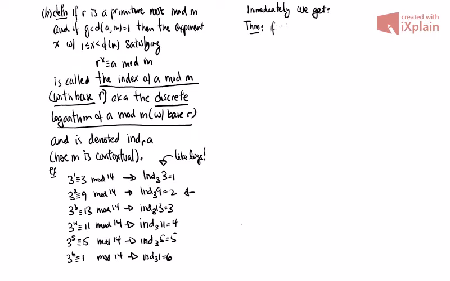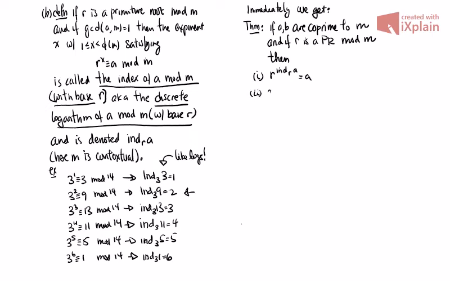So if a and b are coprime to m, and if r is a primitive root mod m, we get two things. The first thing is that r to the index base r of a is a, which makes sense because the index is saying what power you need to raise r to get a, and then you raise r to that power, and of course you get a.